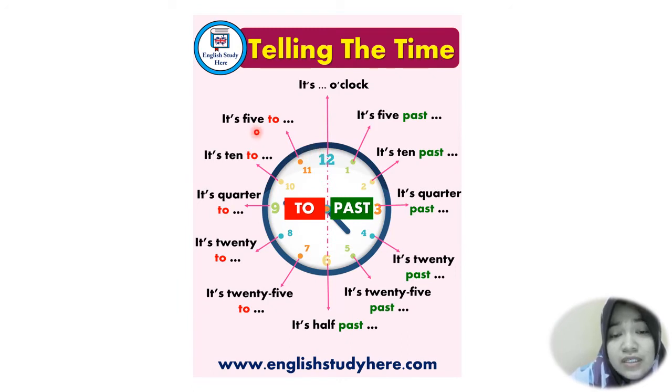Contoh 5 minit, maksud dia 5 minit lagi hendak pukul 12. Contoh, it's 10 to 11. Contoh 10 minit lagi, maksudnya sini it's 10:50. Another 10 minutes to 11 o'clock.